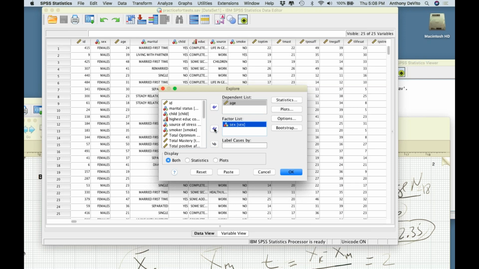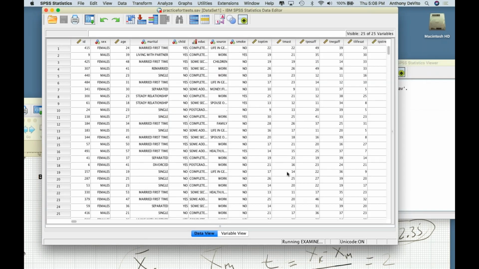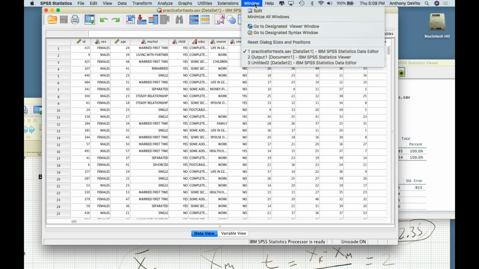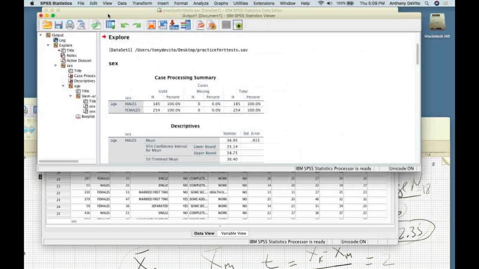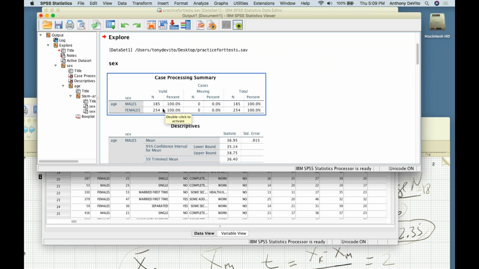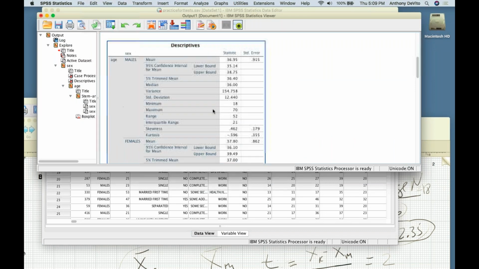Okay, so if I click OK now, it will give me descriptive statistics for these two groups of people, males and females, drawn randomly from this population. Here's the output page. So what does it look like? There's 185 males, there's 254 females.